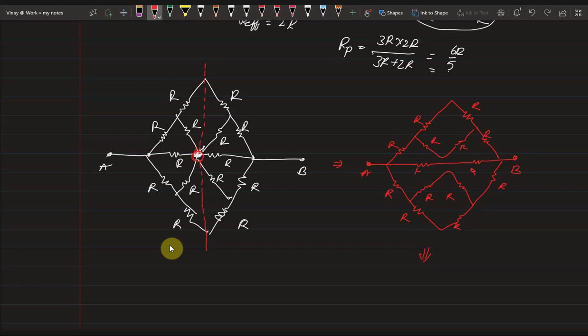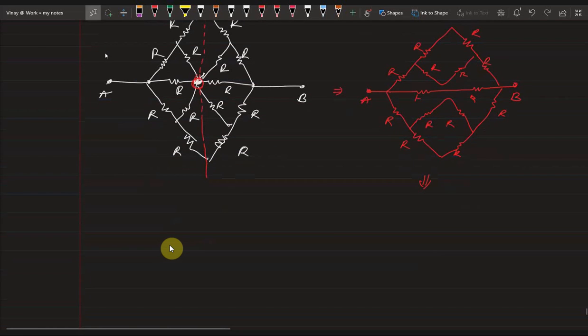So see, if you fold this, then the resultant circuit diagram will be like this. Now, if you fold this, then this is the resultant circuit diagram.